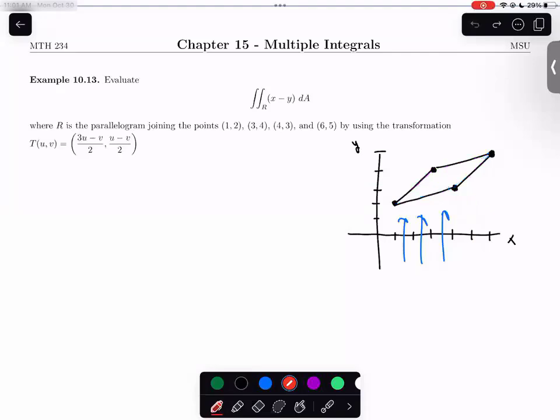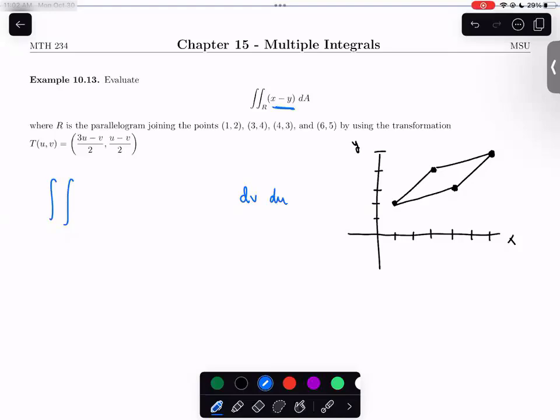So let me... And let's do this one as if it were a quiz or an exam question on D2L. If I was thinking about trying to maximize partial credit, one thing I'd want to make sure I do sooner rather than later: we're going to be transforming this into u's and v's, so I'm going to do some integral with dv du. We're going to need to make sure we include our Jacobian.